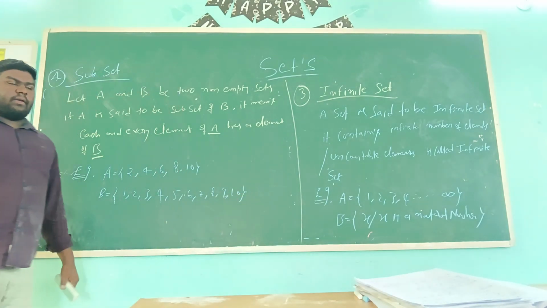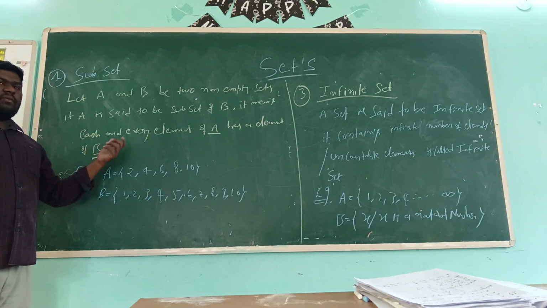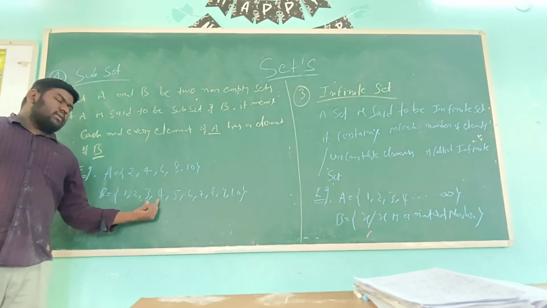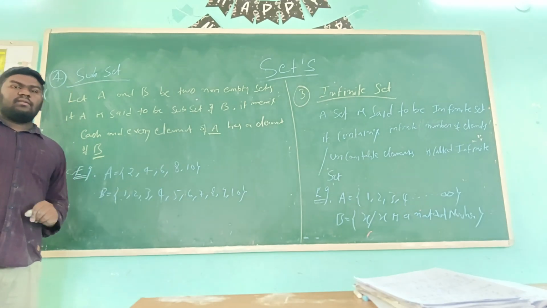If you observe, each and every element must be present. If any one element is missing, it is not a subset.